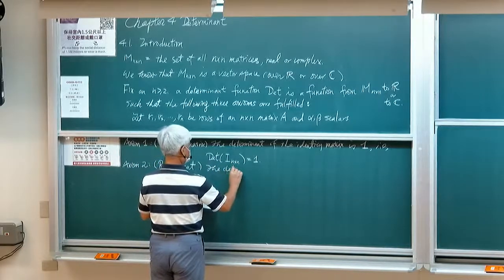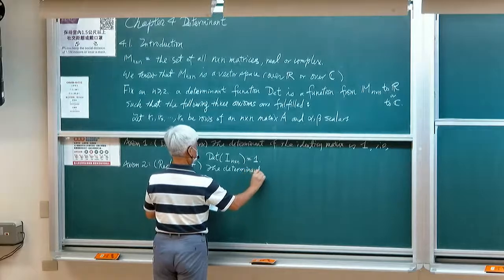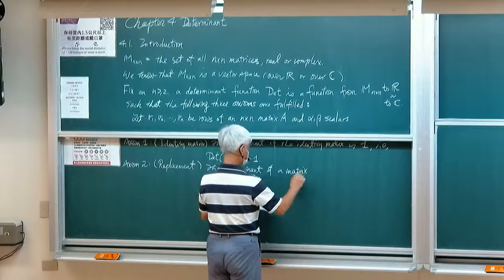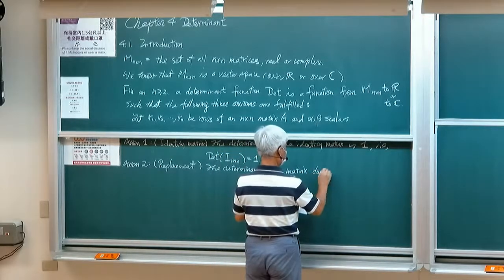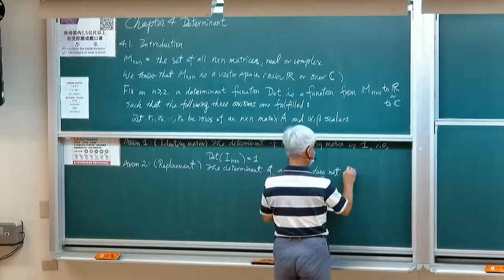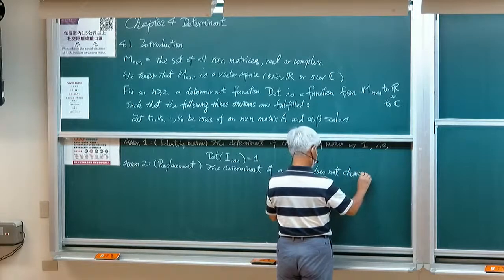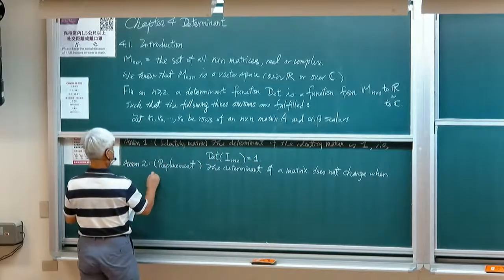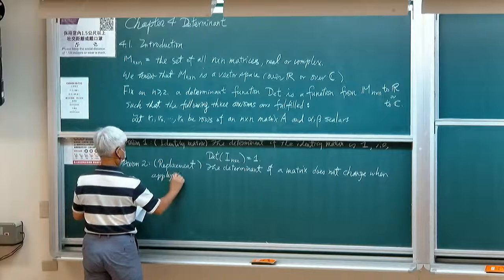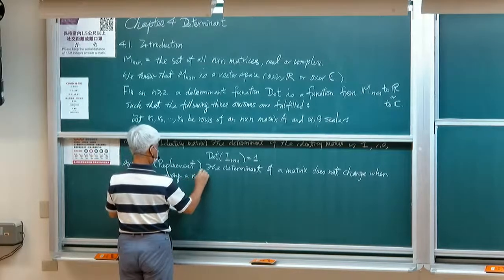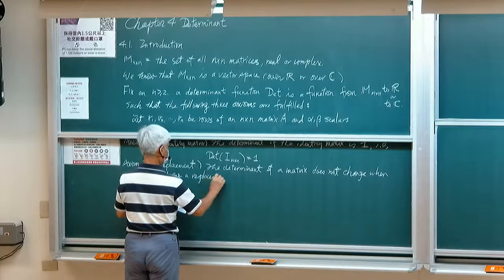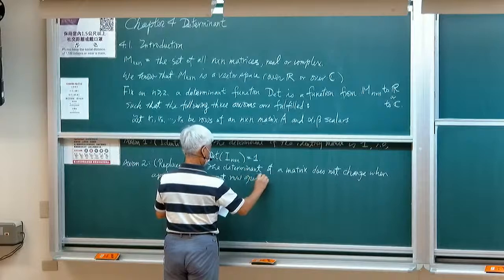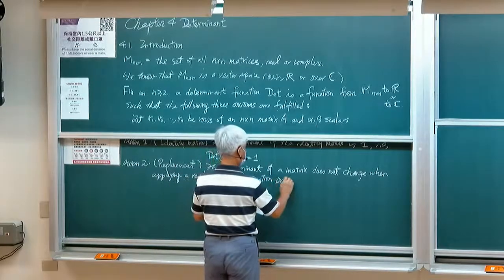The determinant of a matrix does not change when applying a replacement row operation on the matrix.